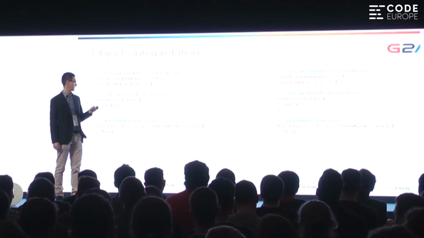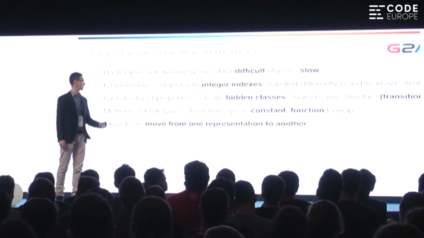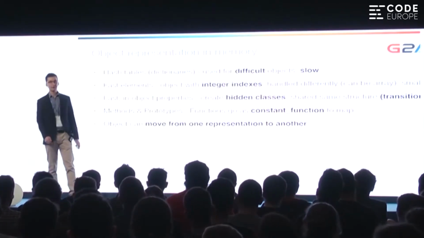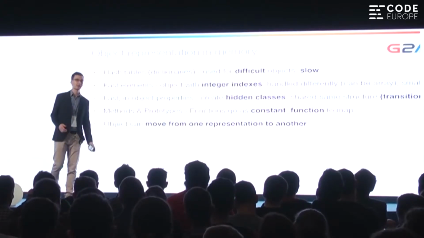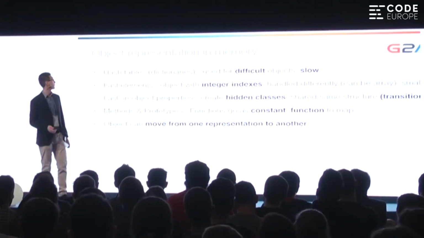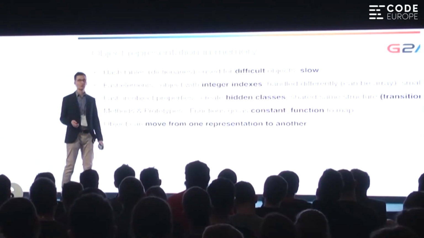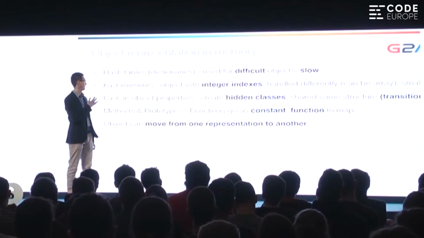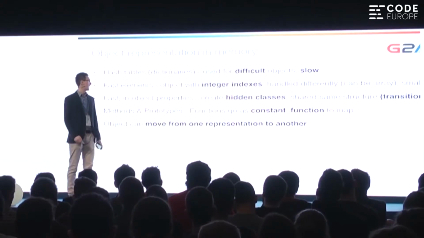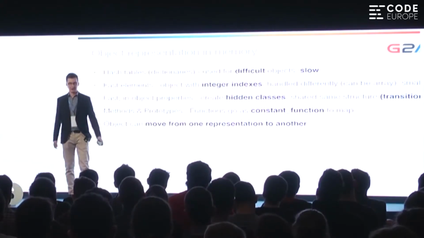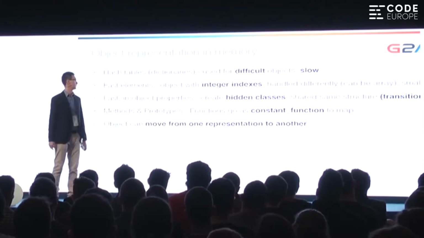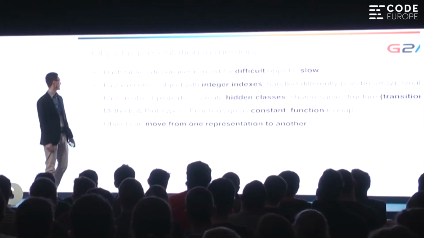And the reason for that is because JavaScript is actually using different representations of objects depending on how they work. So we've got hash tables, which are used for difficult objects that can't be worked with efficiently otherwise. They are very slow because they have to go through memory, through array objects, to find it.